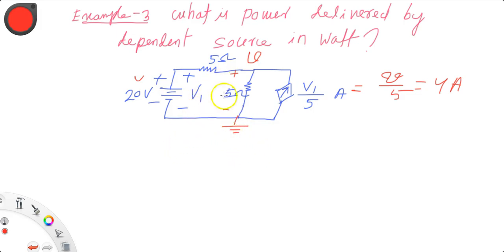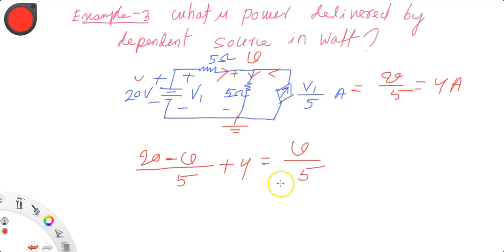Apply the KCL here. So 20 minus V upon 5. See here, this is the 20 volt and this is the V. So 20 minus V upon 5 is this current, and this is also an inward current, so plus, and this current goes downward, which is equal to V upon 5.